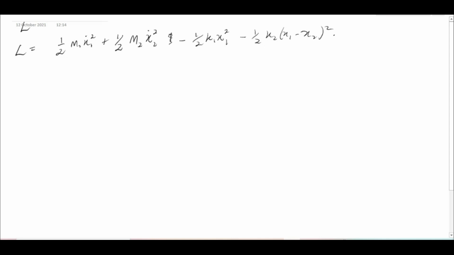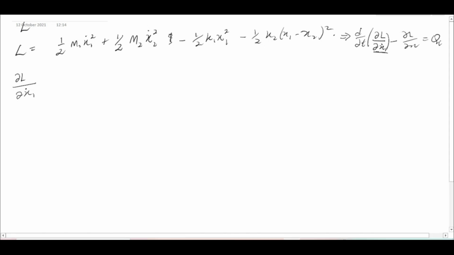If we have this, we want to begin to look for the different terms of the Lagrange formulation. The first term we want to look for is dL over dx1 dot. So that we can find the basic term, let's not forget our Lagrange formulation, d dt of dL over dx1 dot minus dL over dx1 is equal to Qi.